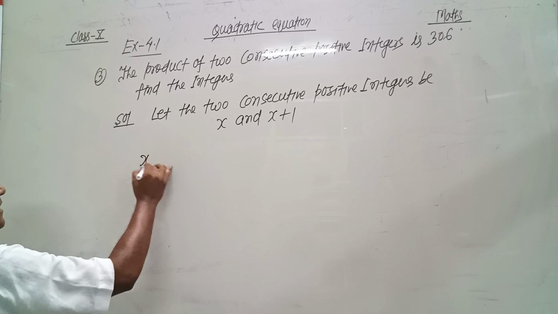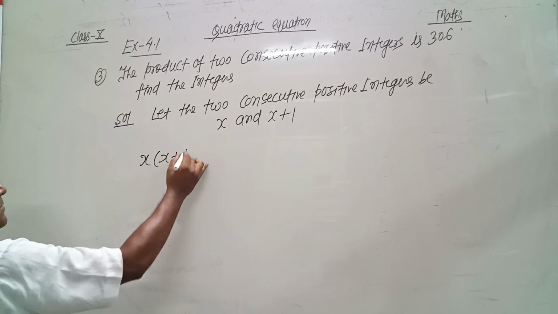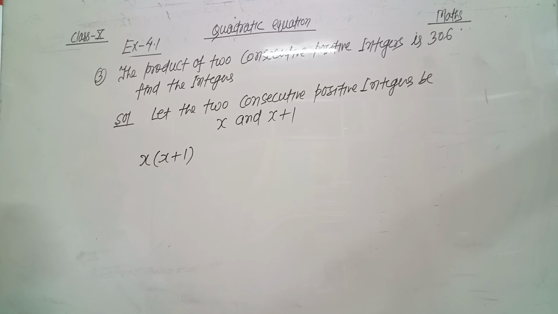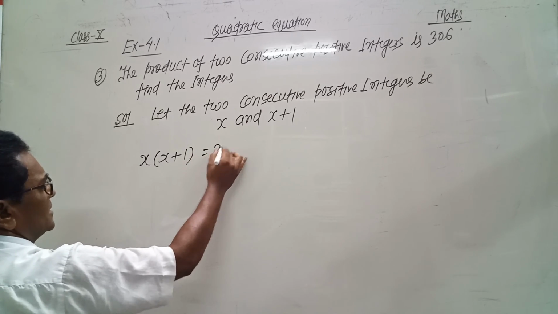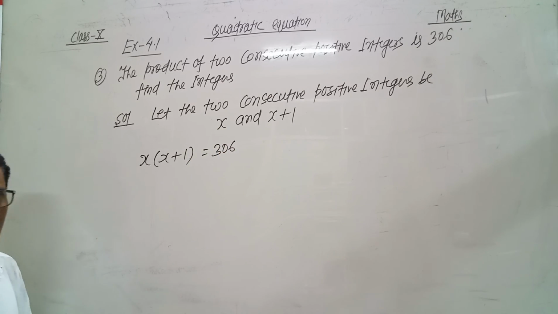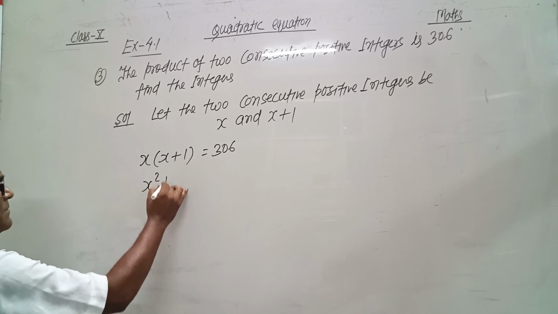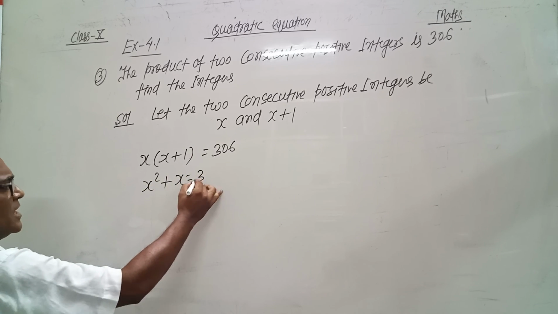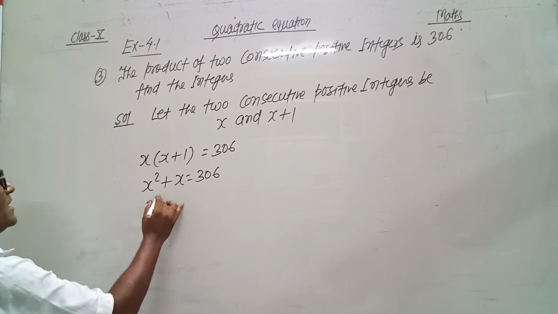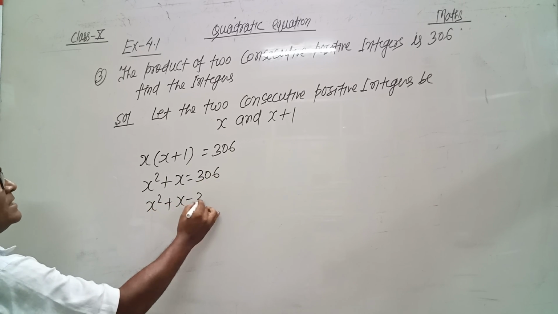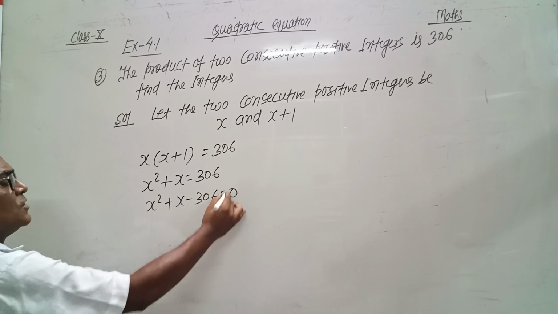Now it is given that their product, x into x plus 1, is 306. So solve this: x square plus x equals 306, and x square plus x minus 306 equals 0.